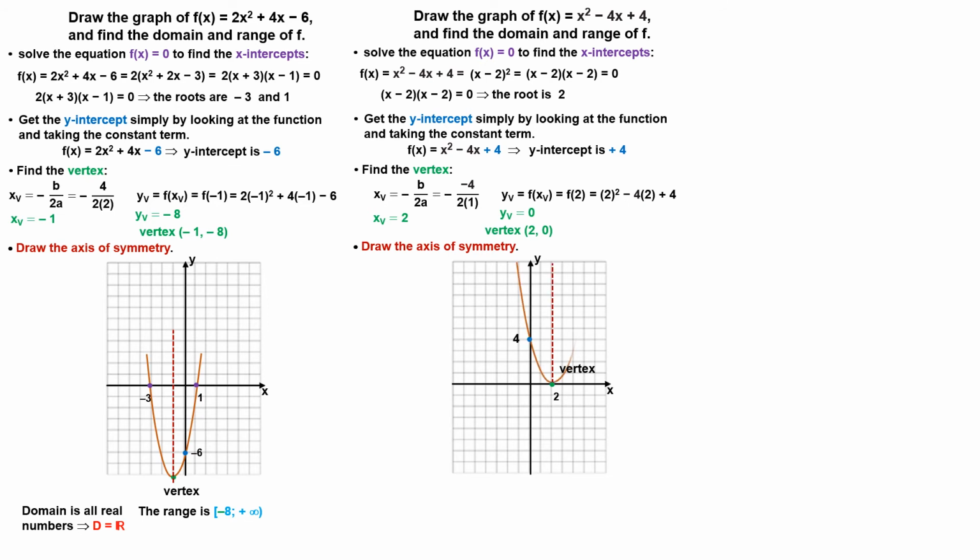Draw the graph. The domain is all real numbers. The graph opens upwards. The y-coordinate of the vertex is the minimum. So the y-coordinate of the vertex is the lowest y value for the function. This is the range.